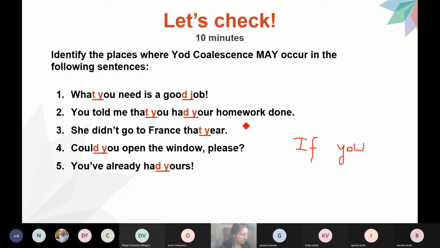I don't know if Professor Bruno is there, but as far as I know, it doesn't change. This is not a case of yod coalescence. Yes, I'm here. Sorry, which exercise? It's this example here: "if you." In "if you," there's no yod coalescence. Yes, there isn't. So, thank you very much.